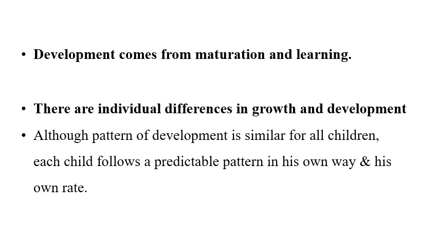Next, development comes from maturation and learning. We always have to remember that developmental functional skills will be more for those children who are more mature and have more learning. And the next one is there are individual differences in growth and development. I have already told you about the rate difference.